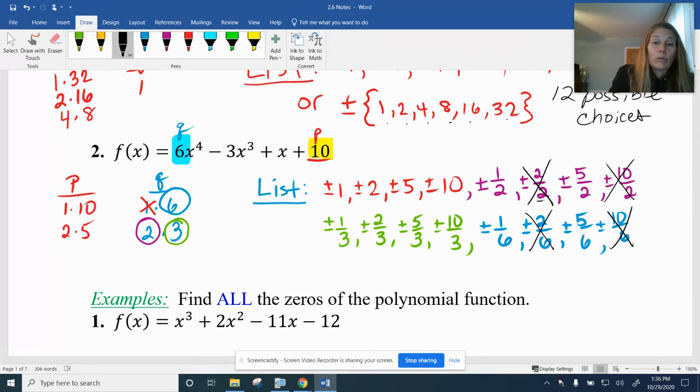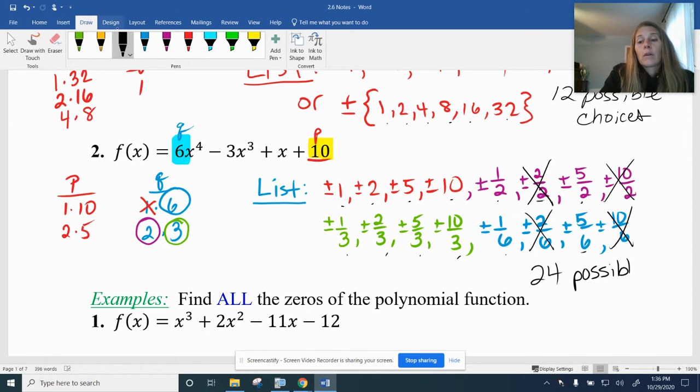We would just include all of the other ones that have not been crossed out. So there's actually 2, 4, 6, 8, 10, 12, 14, 16, 18, 20, 22, 24 possible rational zeros for that particular polynomial.